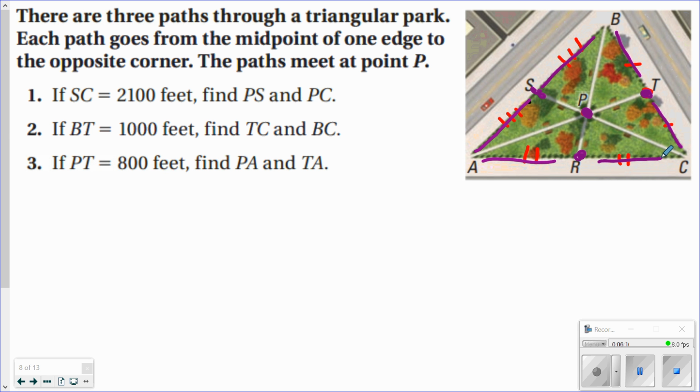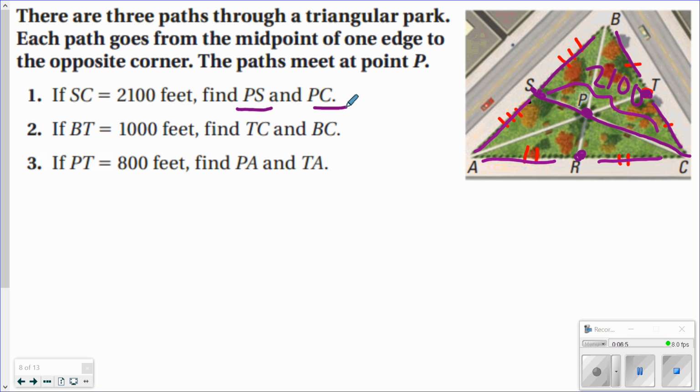So, number 1, if SC is equal to 2,100 feet, so let's mark that right away. SC is this length right here. We want to find the lengths of PS and PC. Well, let's start with PC. PC is the longer segment, and we know it's 2/3 of 2,100.